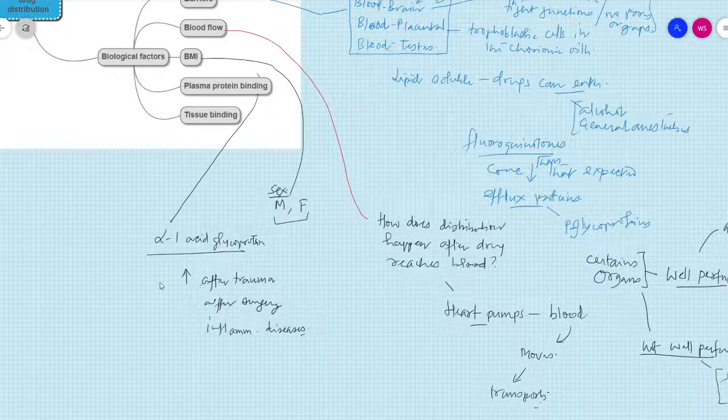Suppose a patient with an inflammatory disease is given quinine because the patient is suffering from malaria.